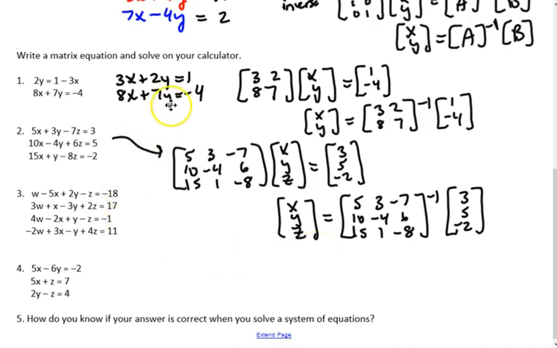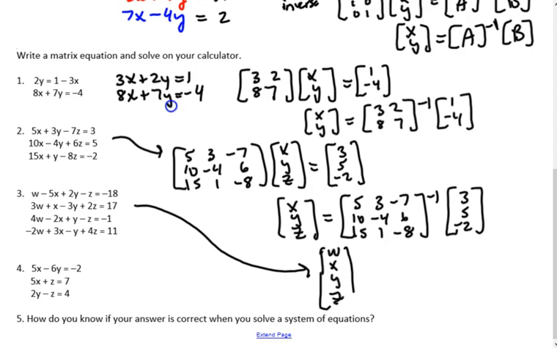This one, for number 3, what you'd end up putting in your calculator, you'd end up with w, x, y, z. W would actually come first. W, x, y, z is equal to, and I would be taking the inverse of this matrix. 1, 3, 4, negative 2 would be my first column.